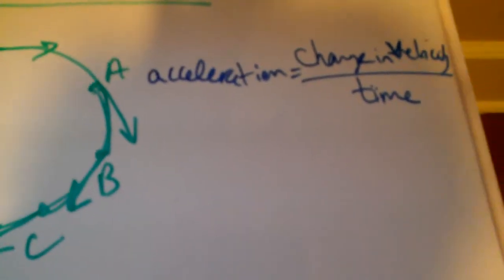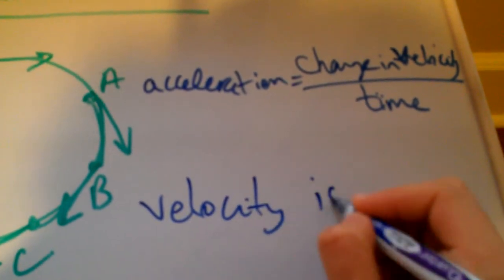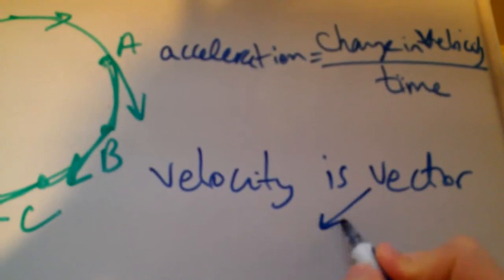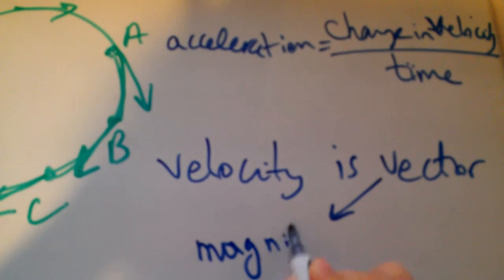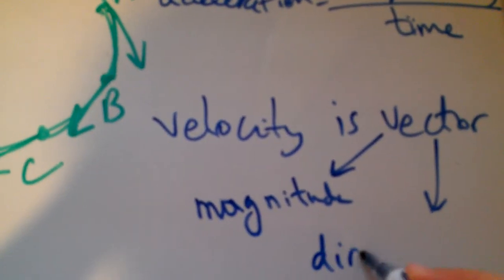I also said velocity is a vector quantity. Vector means it has both magnitude, some size, and some direction.